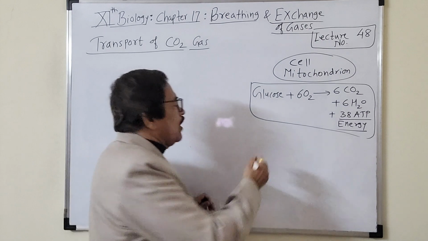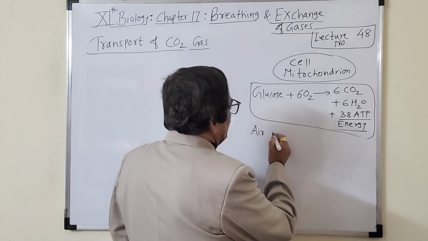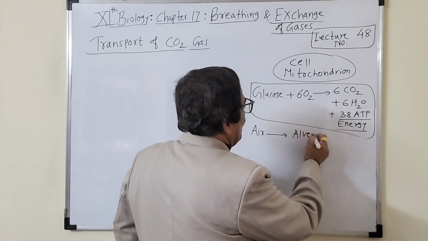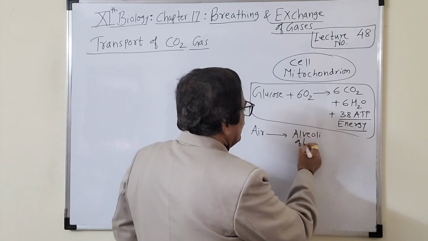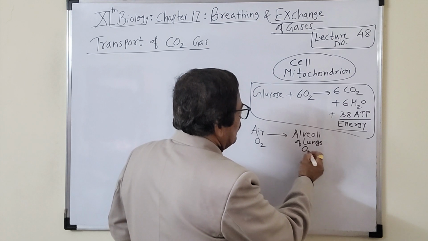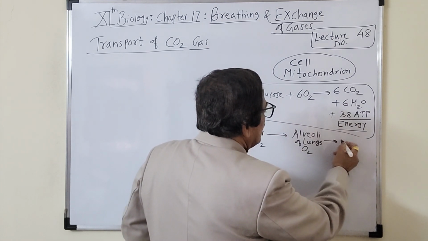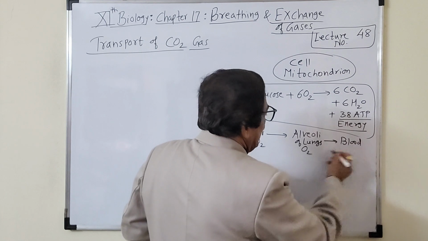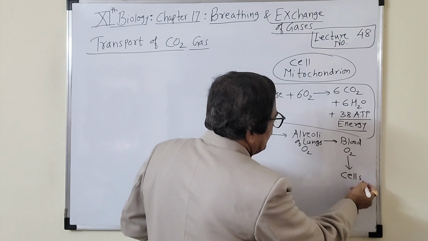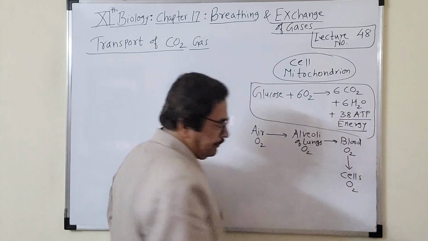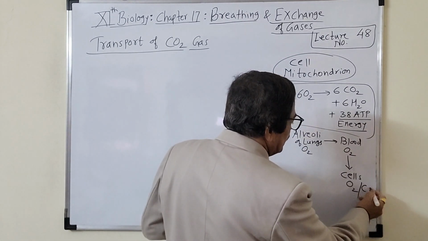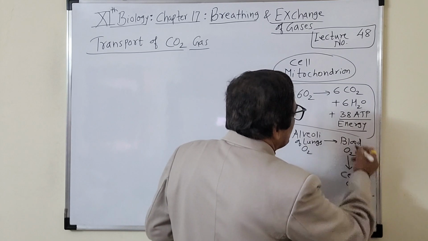So you know that the oxygen containing air, when it comes into the alveoli of the lungs, that oxygen will get transferred from air to the alveoli of the lungs, and from the alveoli it gets transferred to the blood, and then from blood it is carried up to the cells, every living cell. So the cell will get O2, and in return the cells will give CO2 to the blood.